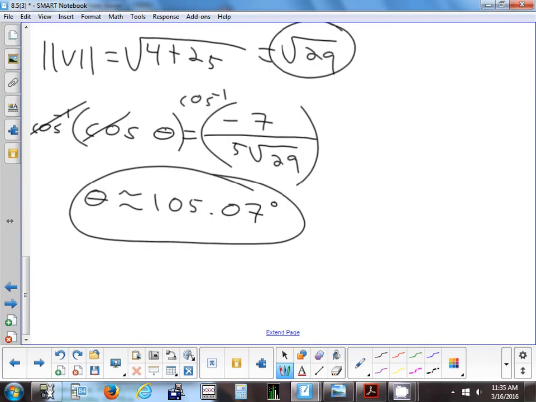That's the angle between the two vectors. Any questions on that? So, not the quickest formula to derive, but a very easy formula to use. Just find three things, plug them in, and do an inverse cosine.